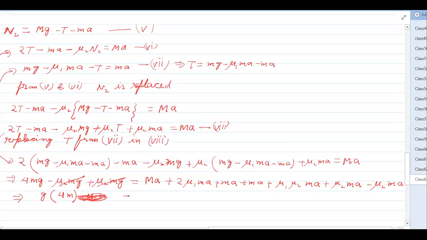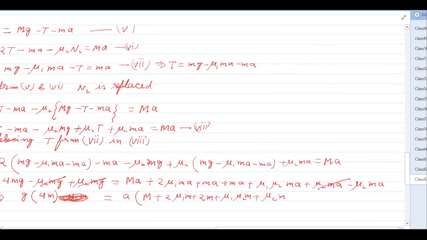We need to take care of all the signs, and on the other side it will be A and capital M. So 2m is here, 2 mu1, then mu1 mu2, then mu2 m, small m, mu1 mu2, then mu2 m is cancelled. Okay.